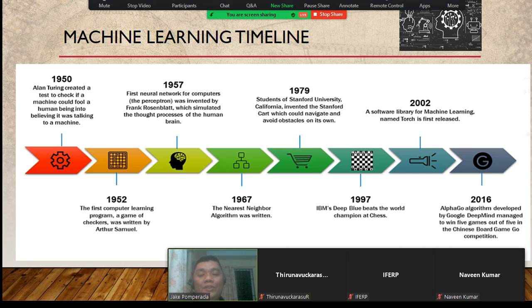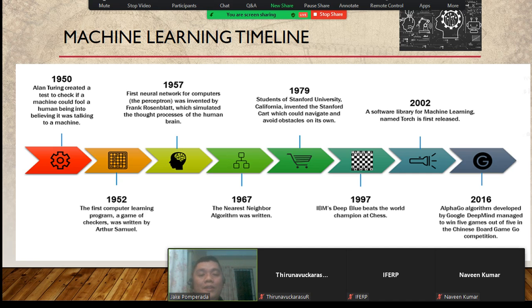By 1952, the first computer learning program, a game of checkers, was written by Arthur Samuel. By 1957, the first neural network for computers, the perceptron, was invented by Frank Rosenblatt, which simulated the thought processes of the human brain. By 1967, the nearest neighbor algorithm was written.